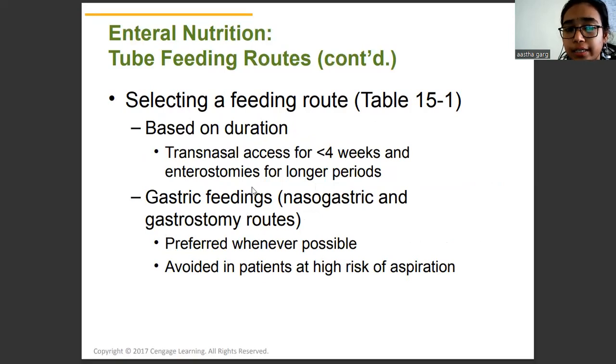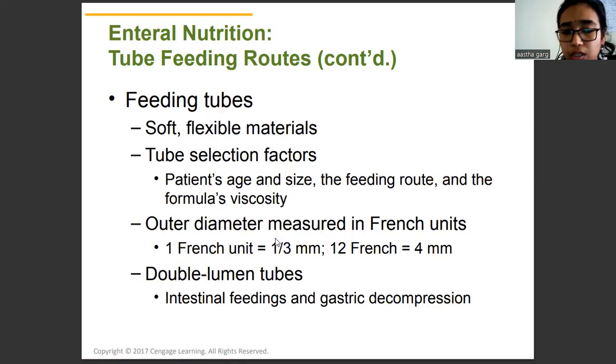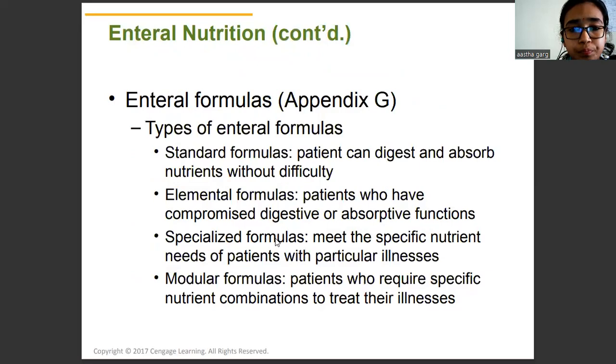These are the selecting feeding routes. These are always preferred, as I've told you, when the aspiration risk is minimal or there is no aspiration, because if there would be aspiration, then these feedings are not practically possible.